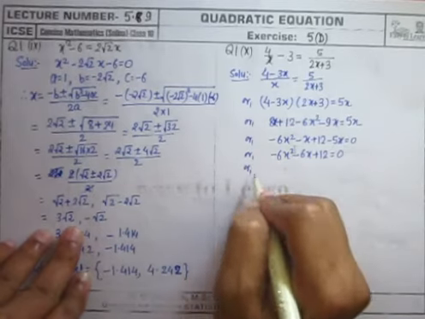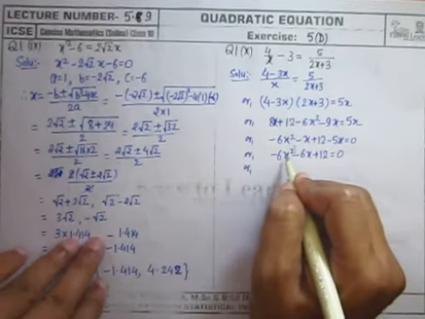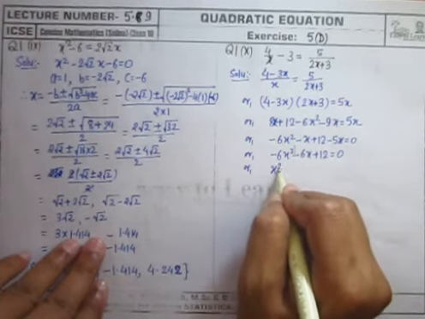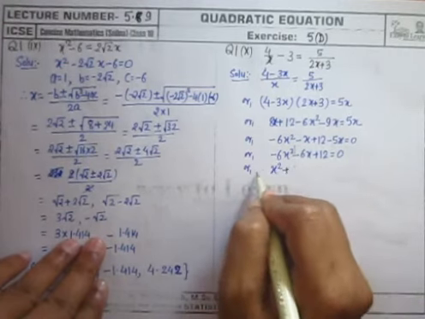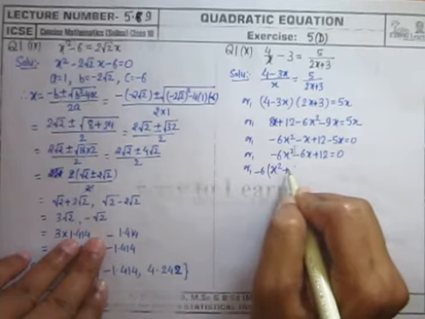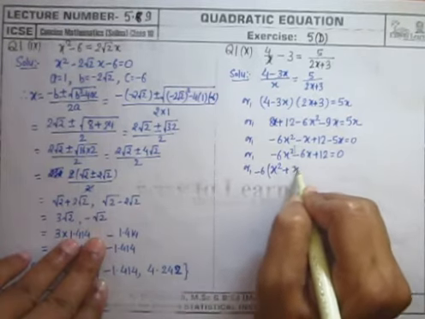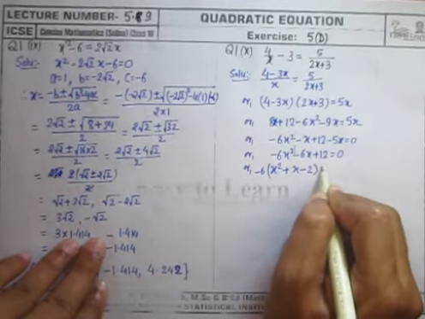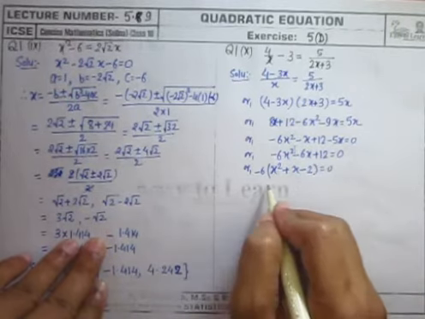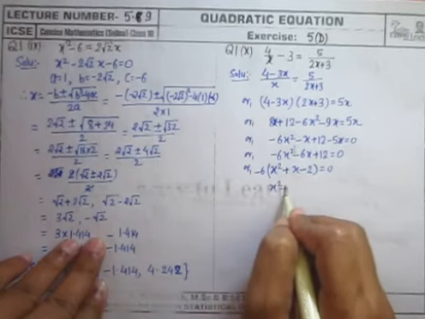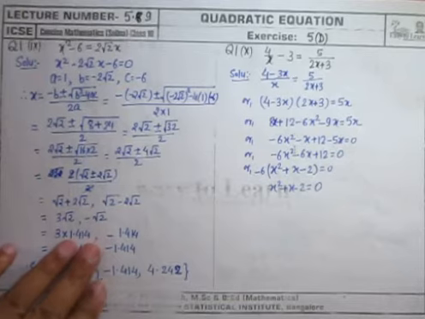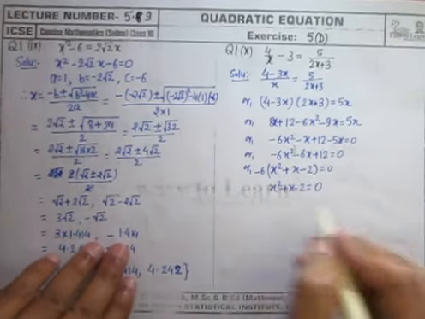Now always make a habit to keep the coefficient of x square positive. So it can be written as, taking minus 6 common, x square plus x minus 2 will be 0. So x square plus x minus 2 equal to 0. This is the final quadratic equation.